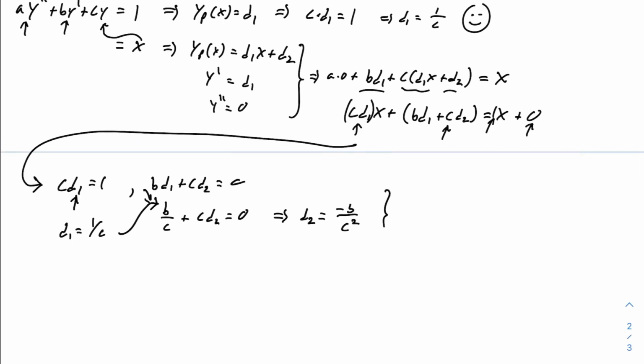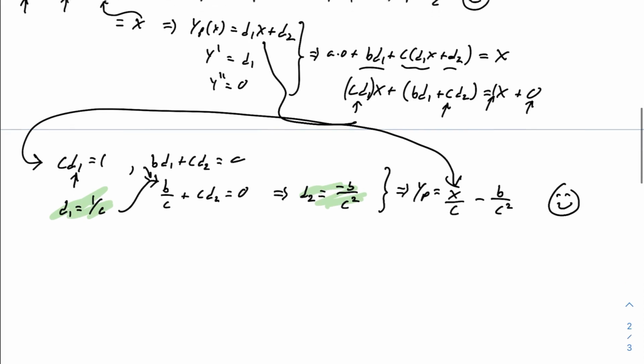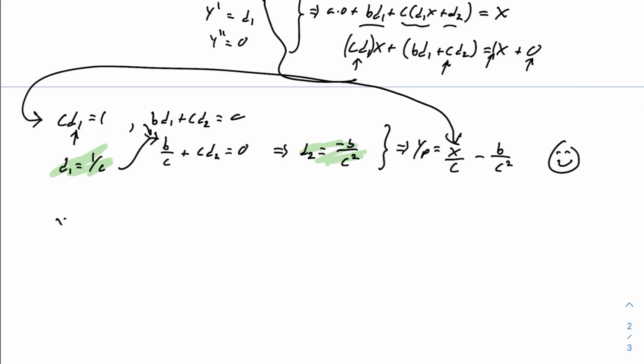So then we get our y particular is equal to d1 x plus d2, so we can plug that back into our initial guess, and we get x over c plus minus b over c squared.